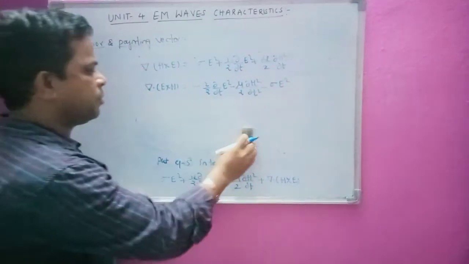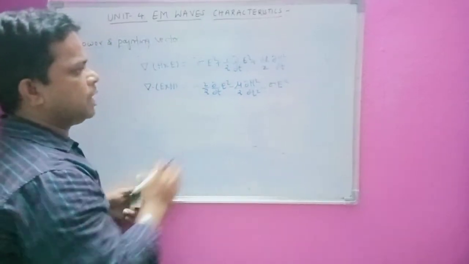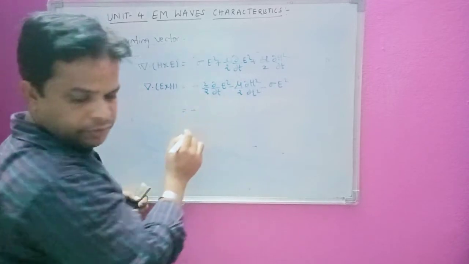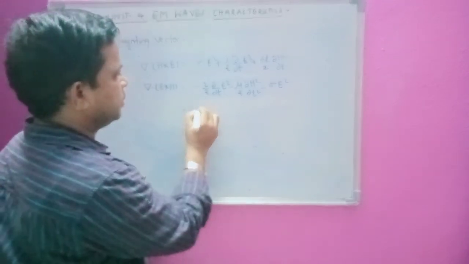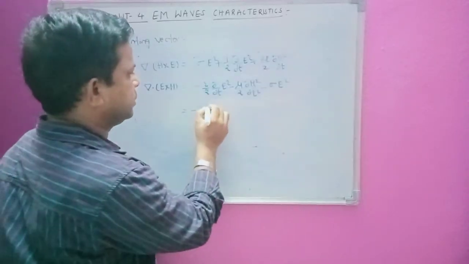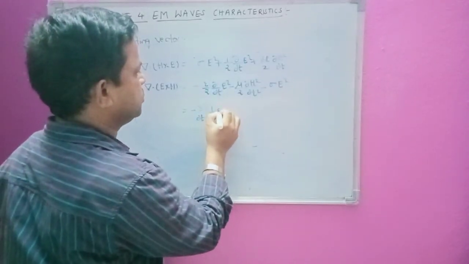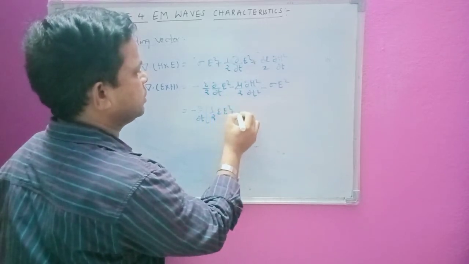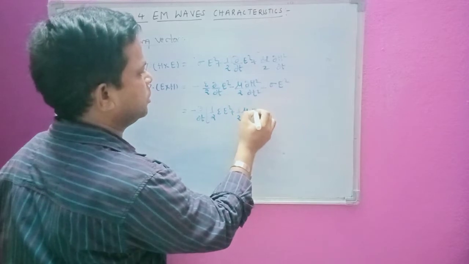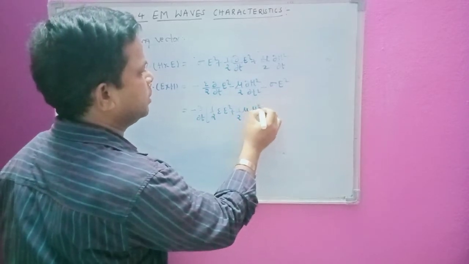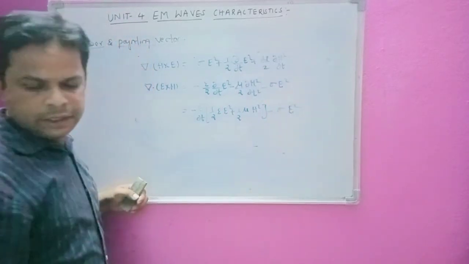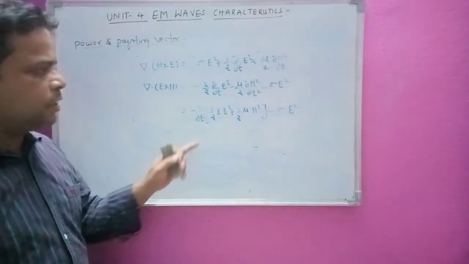Now I will take some common points here, because I have the same terms. I take minus ∂/∂t common, which gives minus ∂/∂t of 1/2 epsilon E square plus 1/2 mu H square, minus sigma E square. Okay, that is what I get here. So I am taking ∂/∂t common.